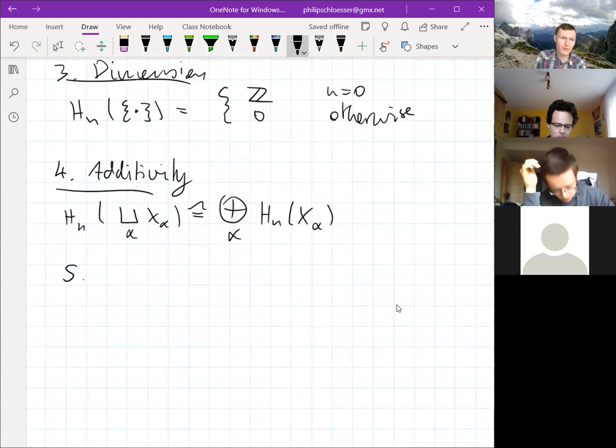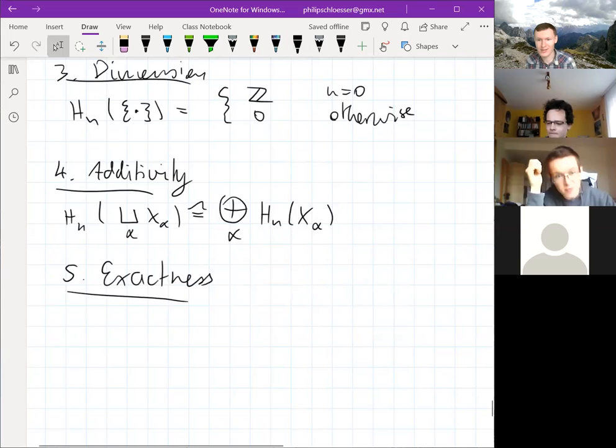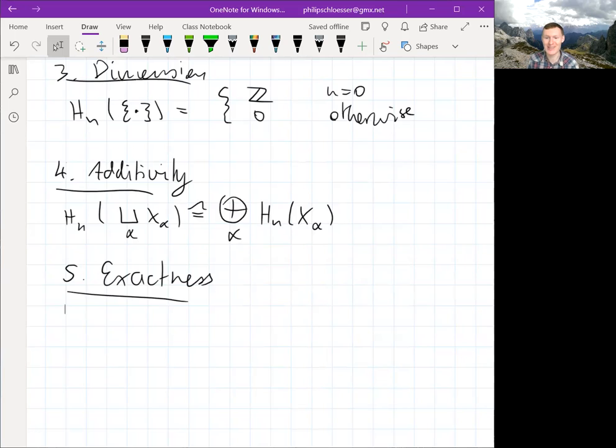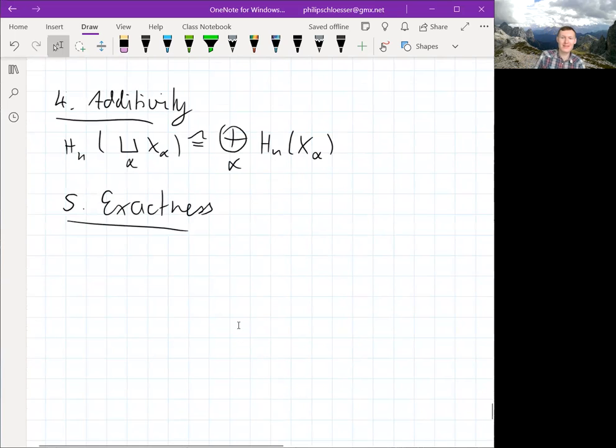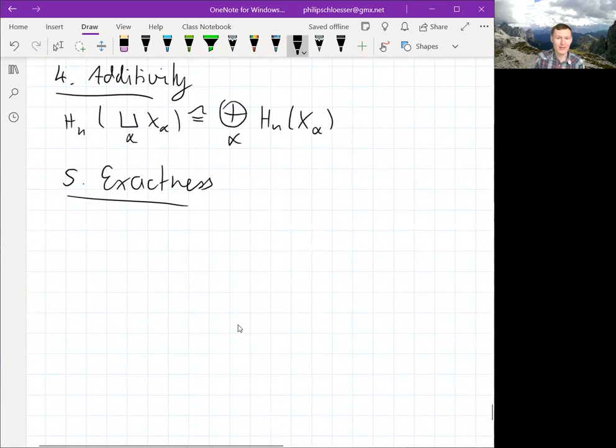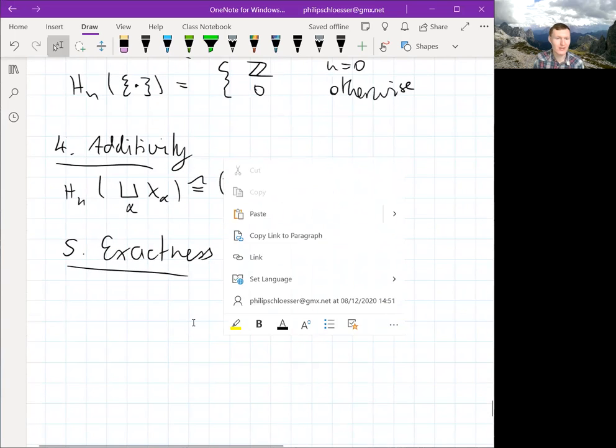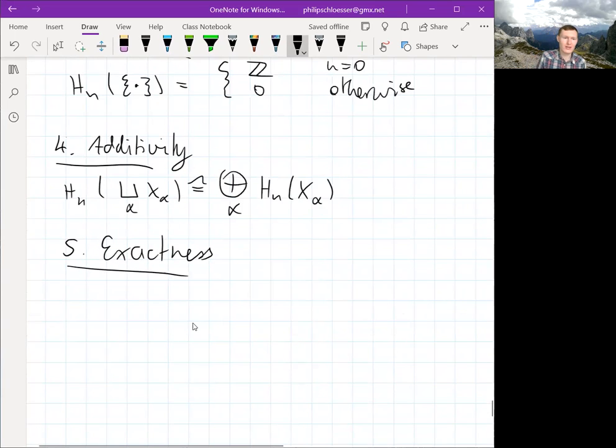And number 5, the one we've all been waiting for. Well, it's called exactness, but it's not exact. It's more exact in the sense that we get a long exact sequence. Yeah, I guess I can't really work around relative homology any longer.